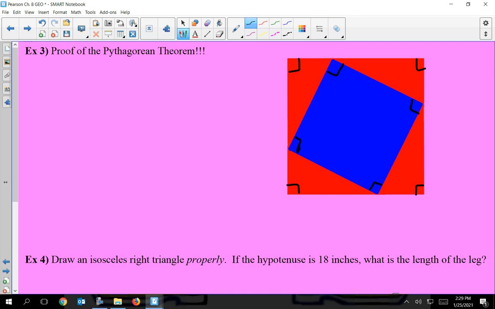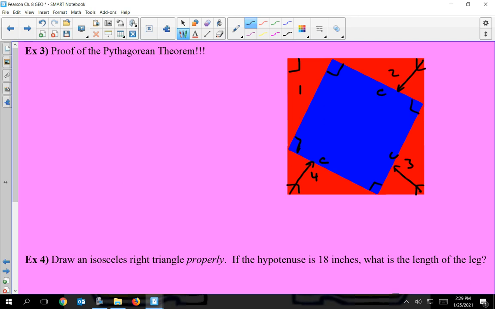Now, if you really look at the outside square, and now I've got the inside, you create these triangles out here. And so if I've got a triangle and I've got the sides of, in this case, the blue square inside, the sides become C because they're opposite those right angles.